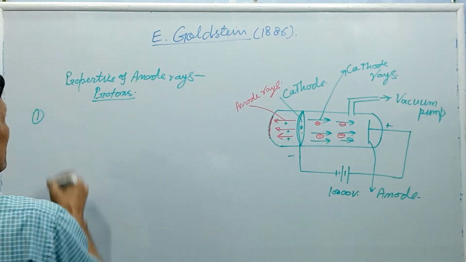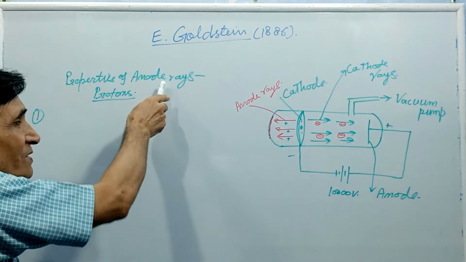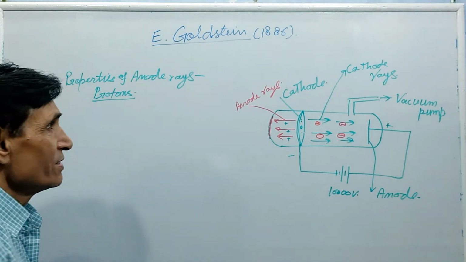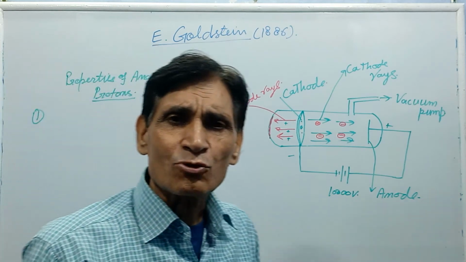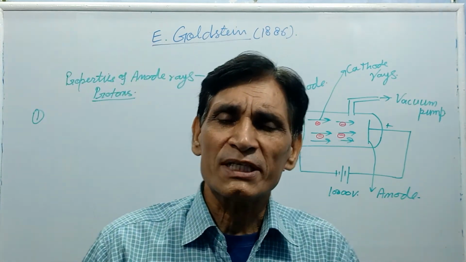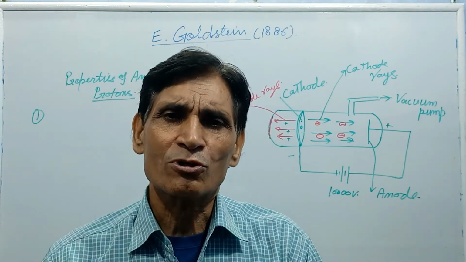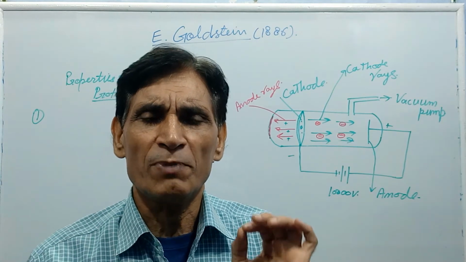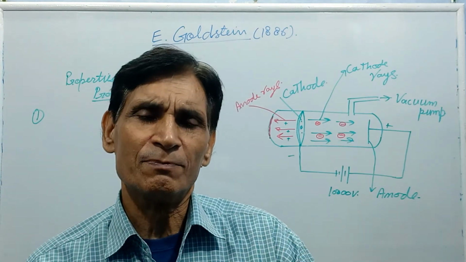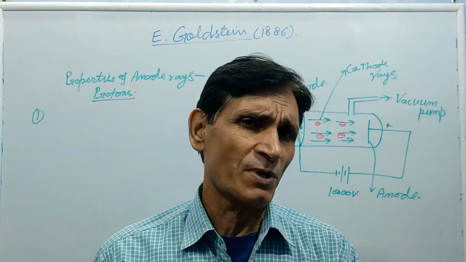First, they travel in a straight line, and second, they also exert mechanical pressure. They can rotate a light paddle wheel placed in their path. They also cast a shadow if an opaque object is placed in their path. These are a stream of positively charged particles.